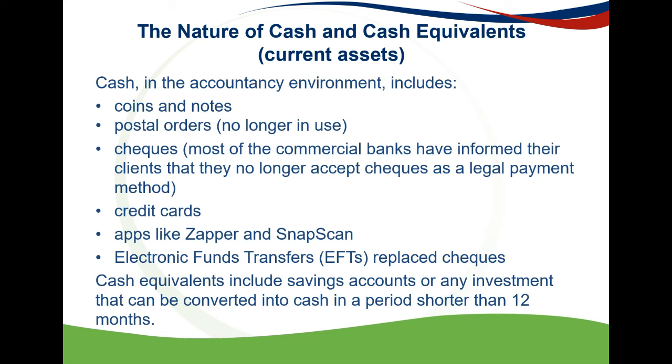Now, your cash and cash equivalents, that is part of your current assets, because remember current assets are anything where the value of an item will change within 12 months. So for instance, your inventory, you're going to make use of it within 12 months. You're going to buy today, tomorrow you're already going to sell it.